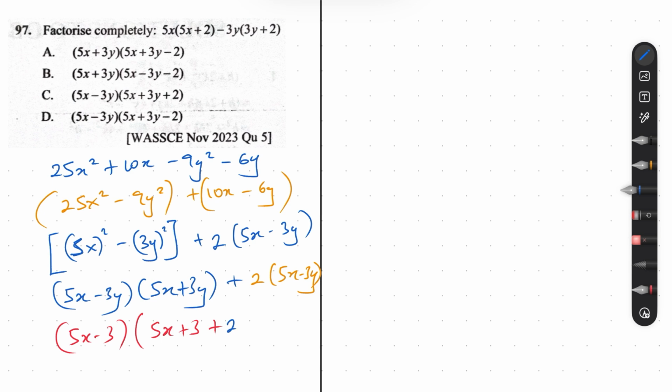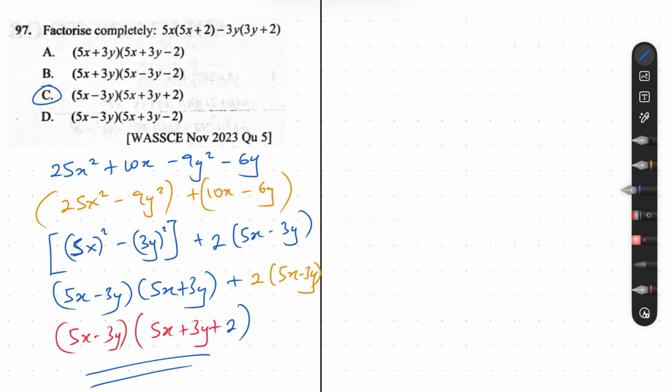Actually here is 3y, not 3. Here's 3y. And then here plus 2. Okay, so this is our answer. Do we have it there? 5x minus 3y and then 5x plus 3y plus 2. Yes, which is C.